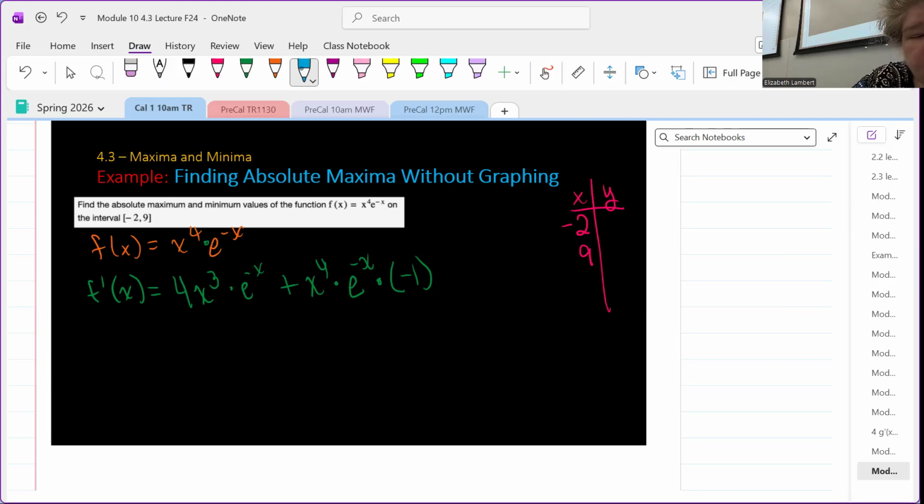So now I actually have to work with this function. I'm setting it equal to 0, so I'm going to clean it up a little bit.